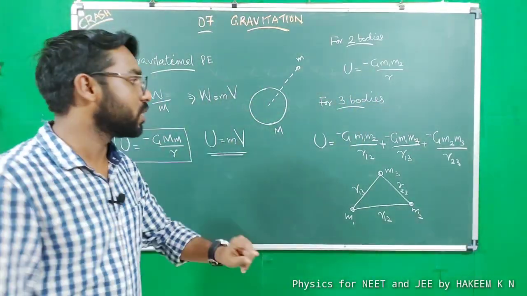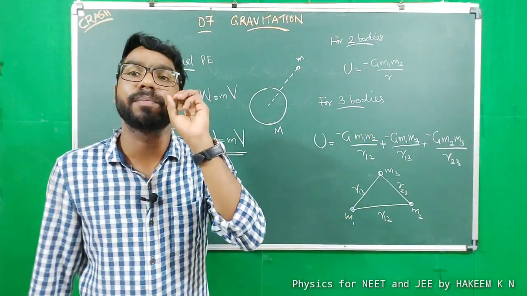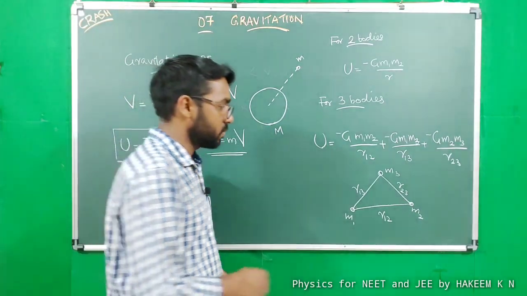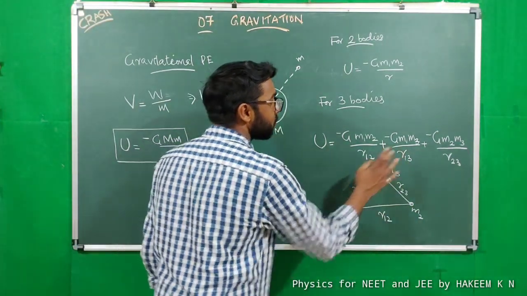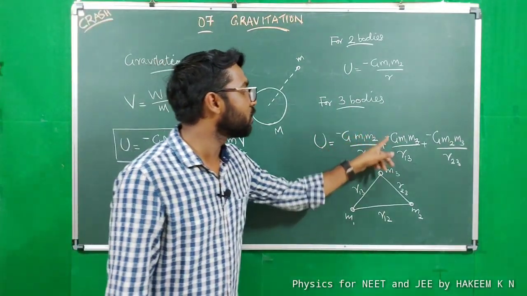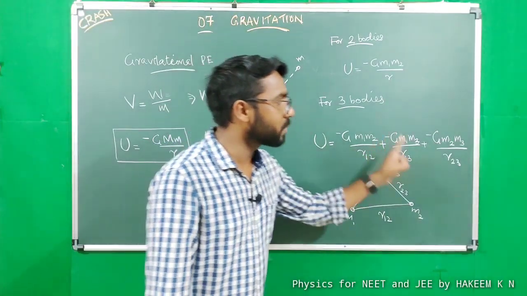For three bodies there are three gravitational potential energies: between m1 and m2, between m2 and m3, and between m1 and m3. So we can say minus G m1 m2 by r12 plus minus G m1 m3 by r13 plus minus G m2 m3 by r23.